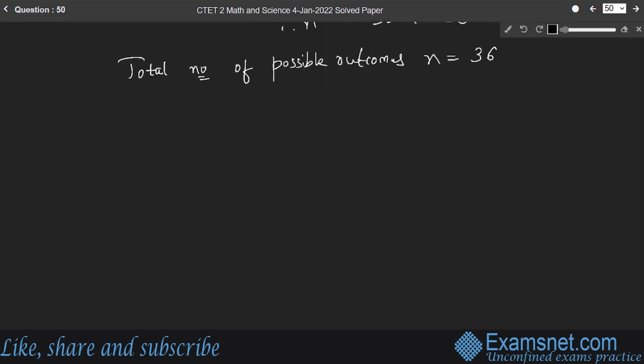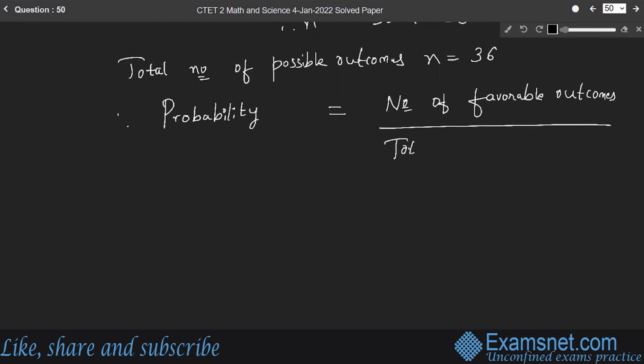So, probability of getting a prime number is equal to number of favorable outcomes, once again the formula, divided by total number of possible outcomes.